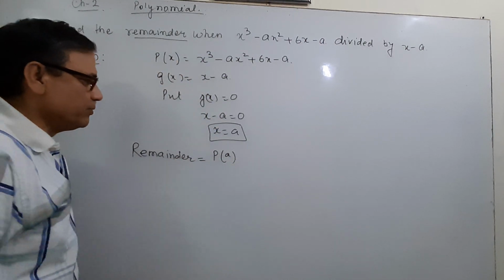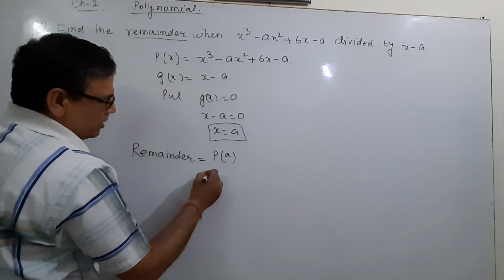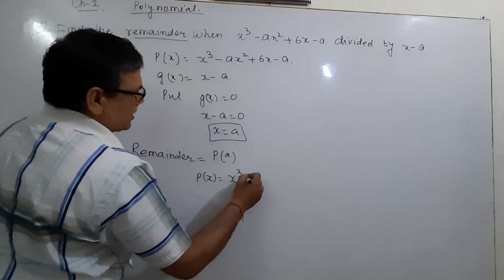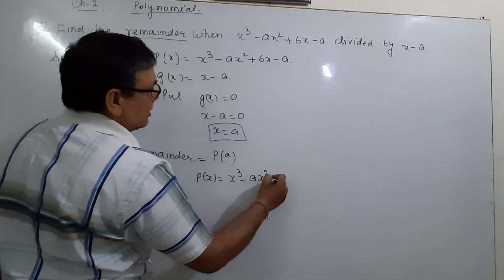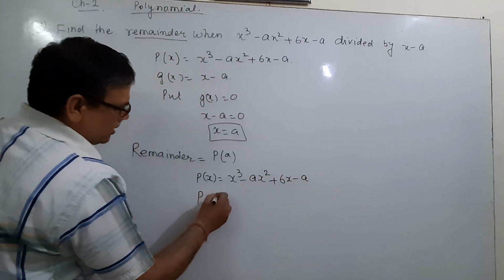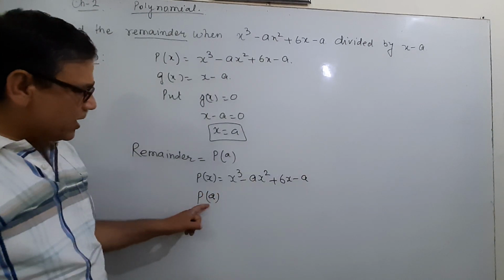And now what is its value? We have to find the value of p(a). It means p(x) equals x cube minus ax square plus 6x minus a. Then p(a): we have to put a in place of x.